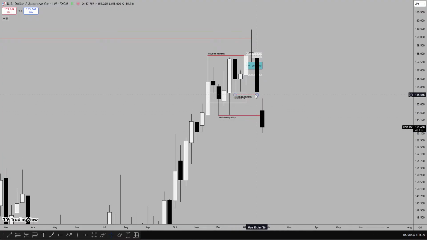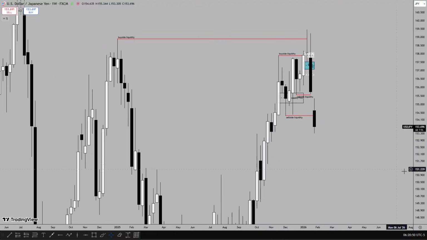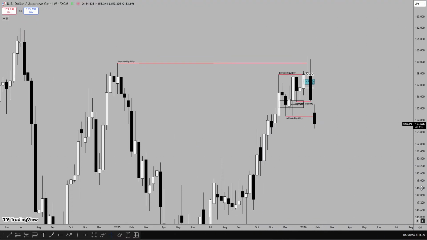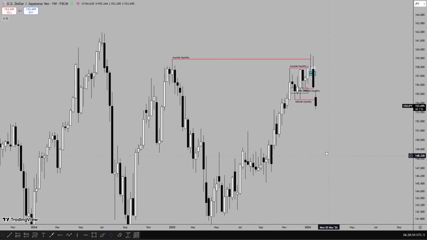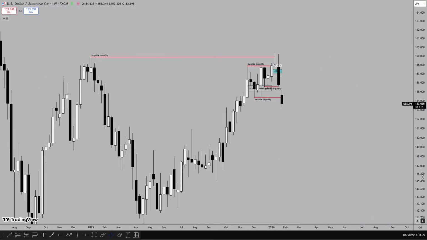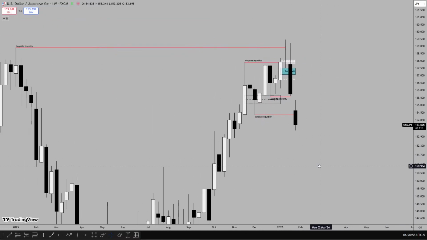I think it's due to some political, I can't say political issues. It's more about the Bank of Japan trying to give more value to the JPY currency. They're looking at it as priced at a cheap rate and they're trying to step in to increase the value of the currency.